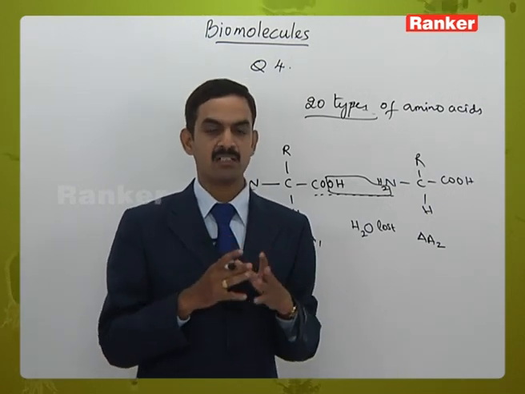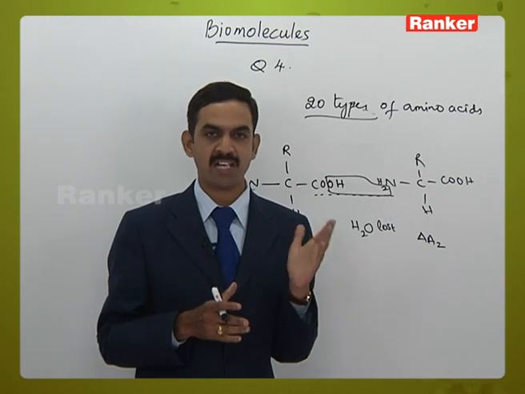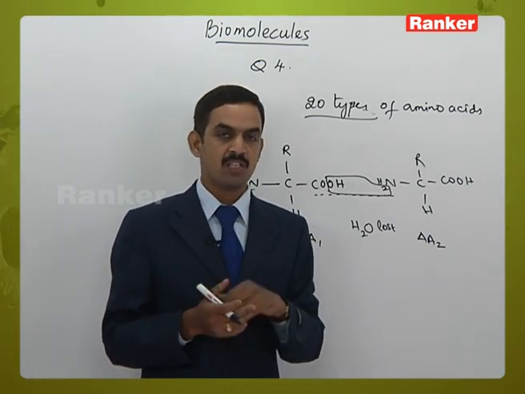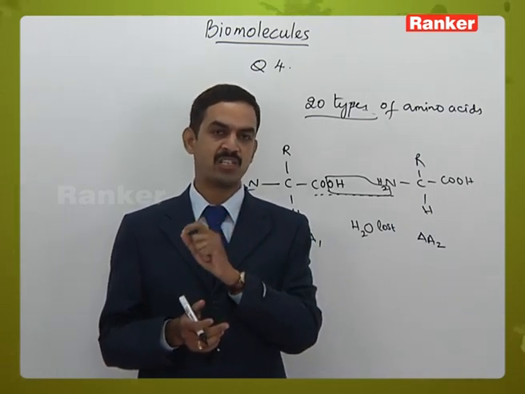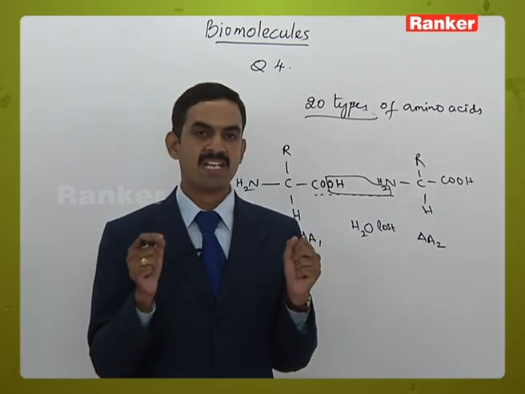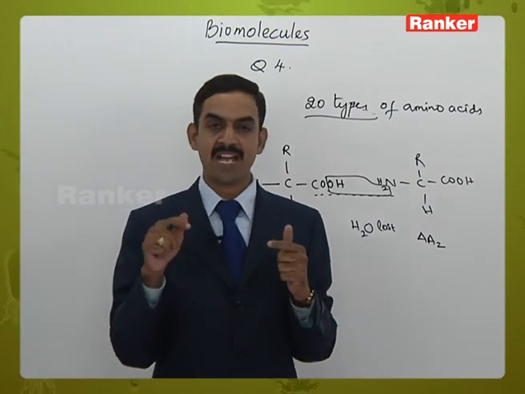And one more thing, proteins not only form the primary structure, they also form secondary structure, tertiary structure, and the quaternary structure. So let us point out the difference between primary, secondary, and tertiary here itself. Primary means the protein chain without any helices. Secondary means it forms a helical structure.